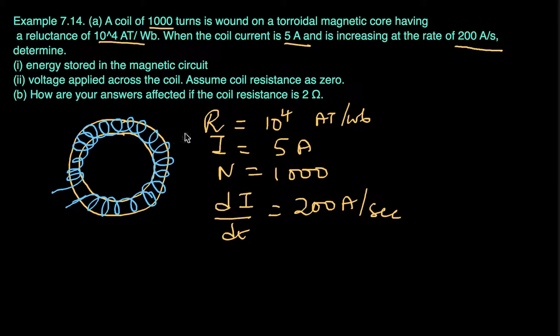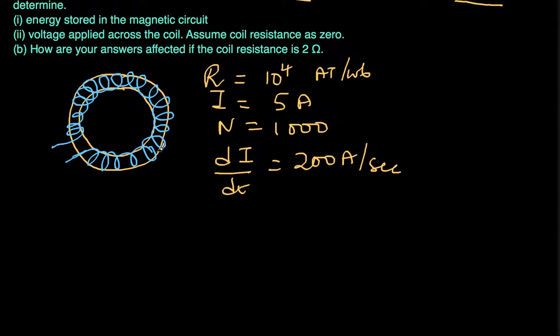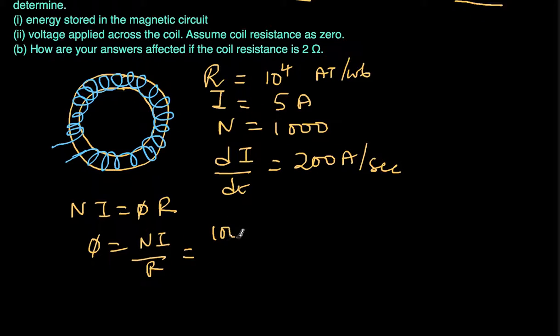First, to determine the energy stored in the magnetic circuit, I need to find the inductance. So how do I find inductance? First, I have to find the flux. Total ampere turns Ni is nothing but phi into R. Therefore, to find the flux, ampere turns is 1000 into 5 divided by reluctance 10 to the power 4.